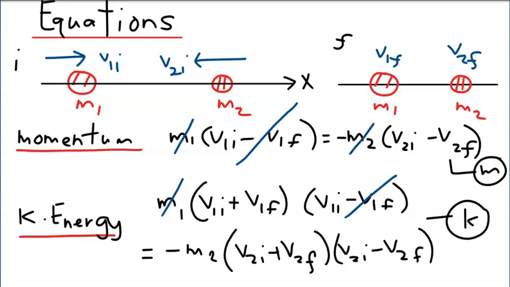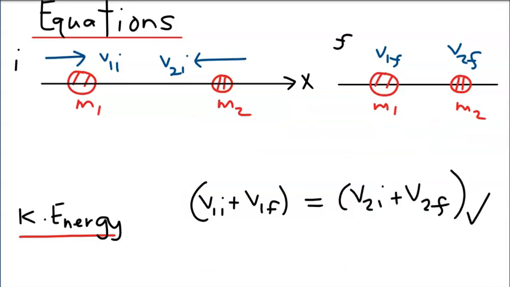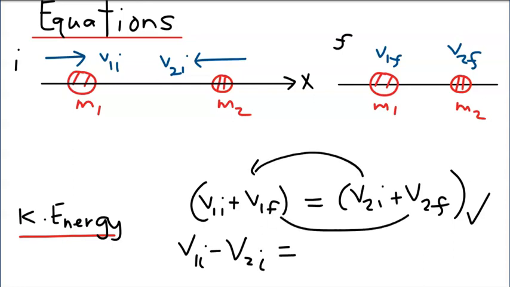On the right hand side, m2 will go away, and likewise the difference in the velocities of object 2 before and after the collision will also go away, and that will leave us with this equation which has no mass inside. Now let's rearrange it a little bit further to get the following. So I'm going to move this to this side and that to that side. So I'm going to get v2f minus v1f.